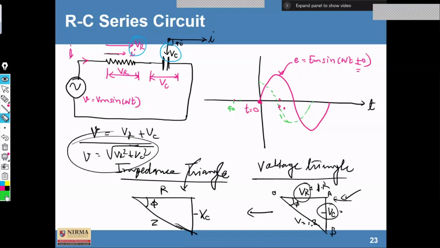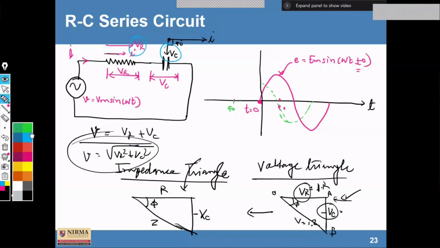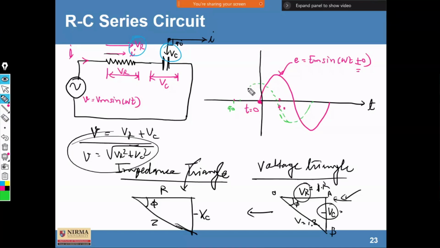Clear? We can also have this part, and this is an angle phi here. This is an angle phi, fine. This is the waveform of current, and this waveform is I is equal to Im sine omega t plus phi.